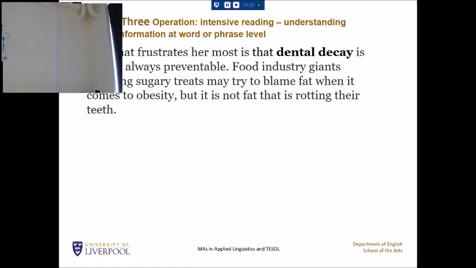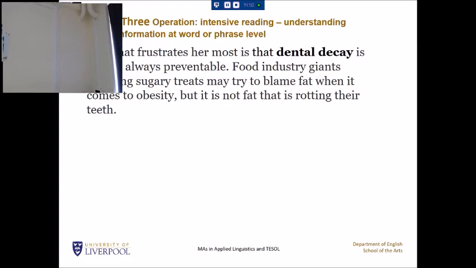What many of you are doing correctly here is identifying the sort of mental operations verb, which is frustrates, okay? And you are giving that verb the subject of Claire. So, Claire does something, but we can't use frustrates.